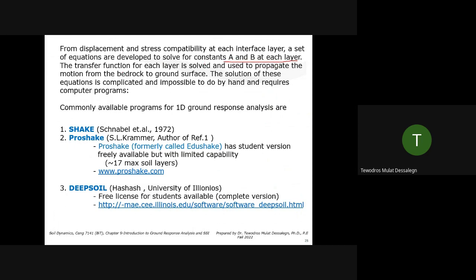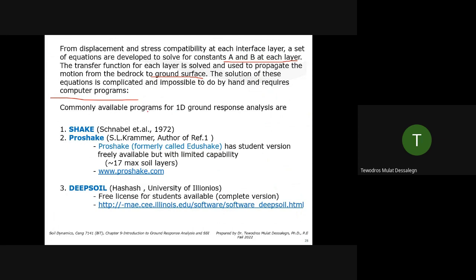The transfer function for each layer is solved and used to propagate the motion from the bedrock to the ground surface. The solution of these equations is complicated and impossible to do by hand and requires computer programs. So the good news is we have computers to solve it for us. But we are expected to understand what they are doing.